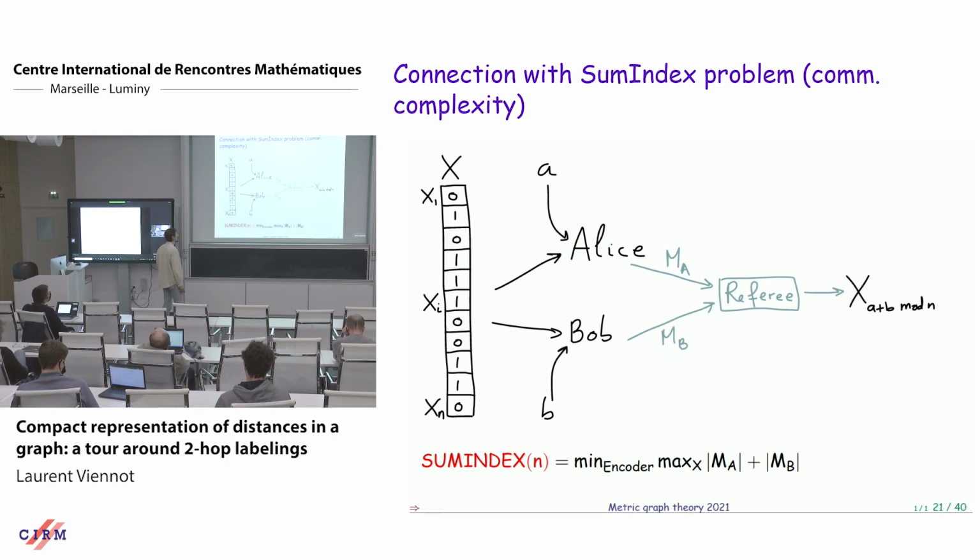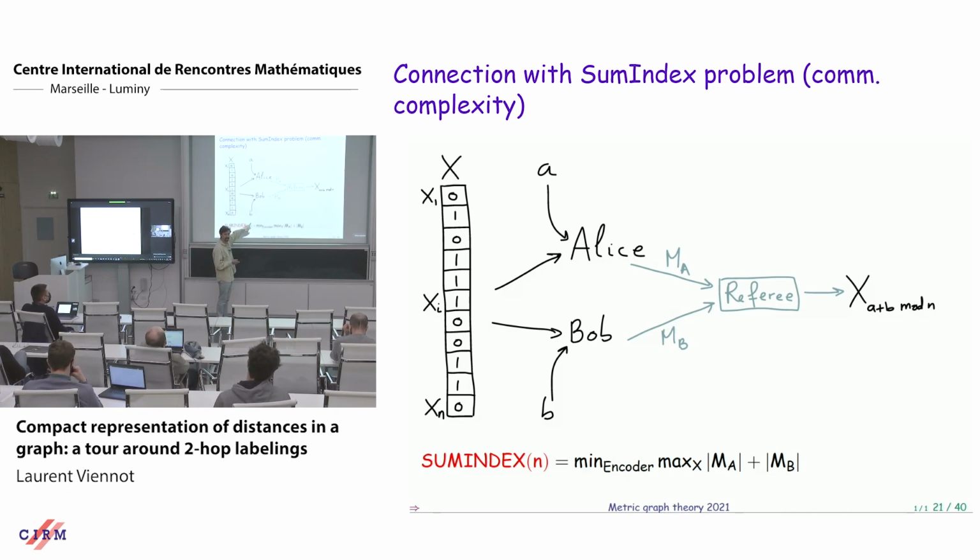And it is also connected to a problem in communication complexity called sum index. I will just say what is the problem. You have a vector of bits, and both Alice and Bob know this vector. Alice knows an index A of the vector.